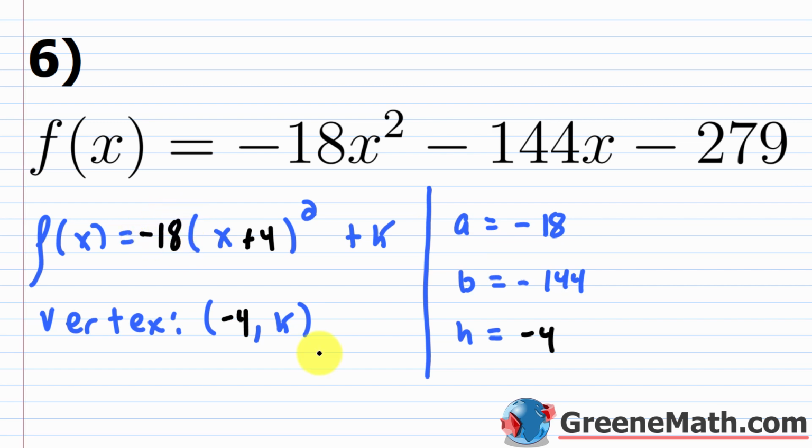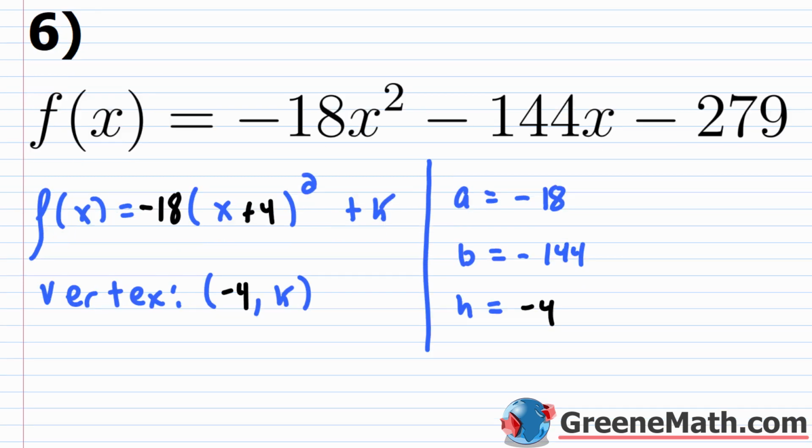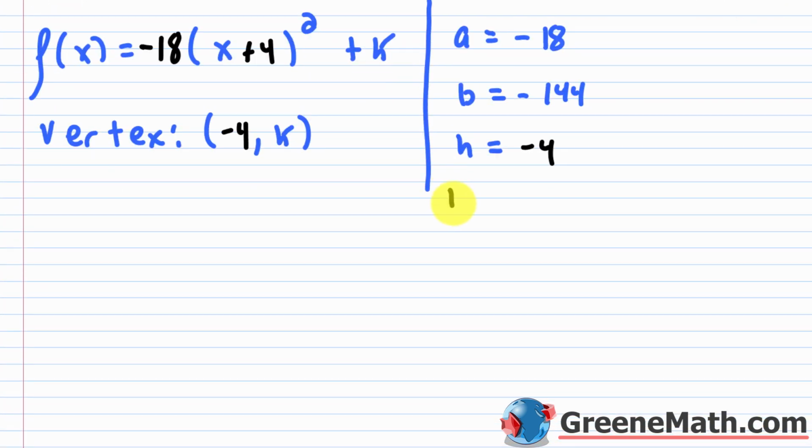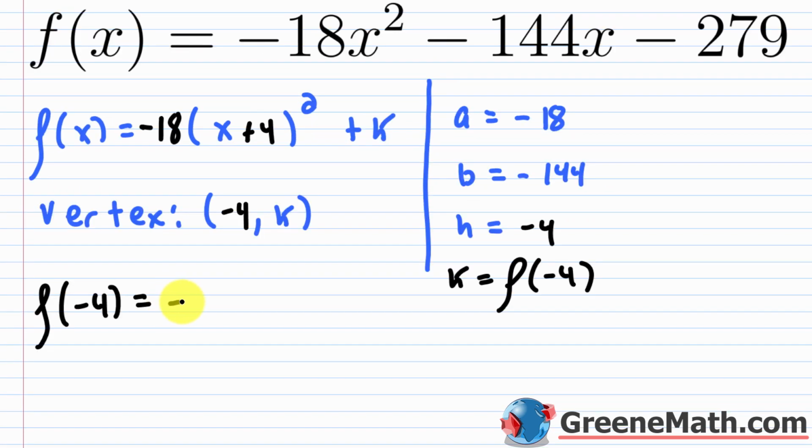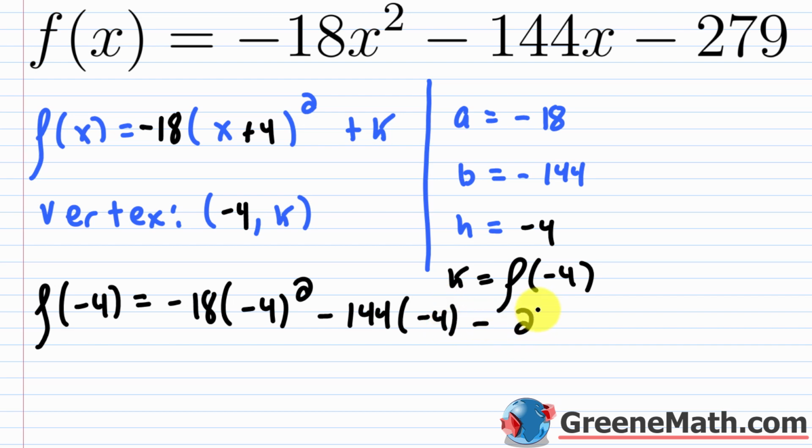Okay, let's figure out k now. So k, remember, is f of h. So we can say that k is equal to f of negative 4, since h is negative 4. And so what is f of negative 4? f of negative 4 would be equal to negative 18 times the negative 4 being squared, minus 144 times negative 4, minus 279.